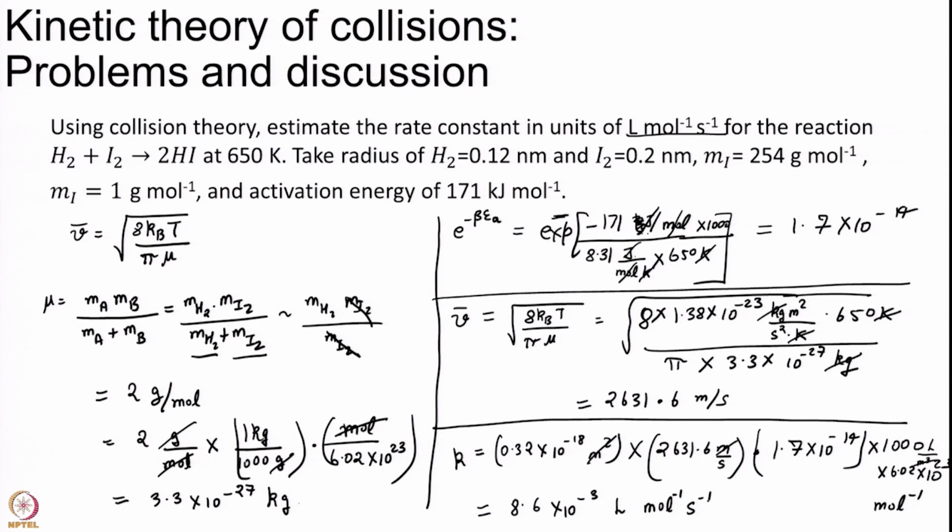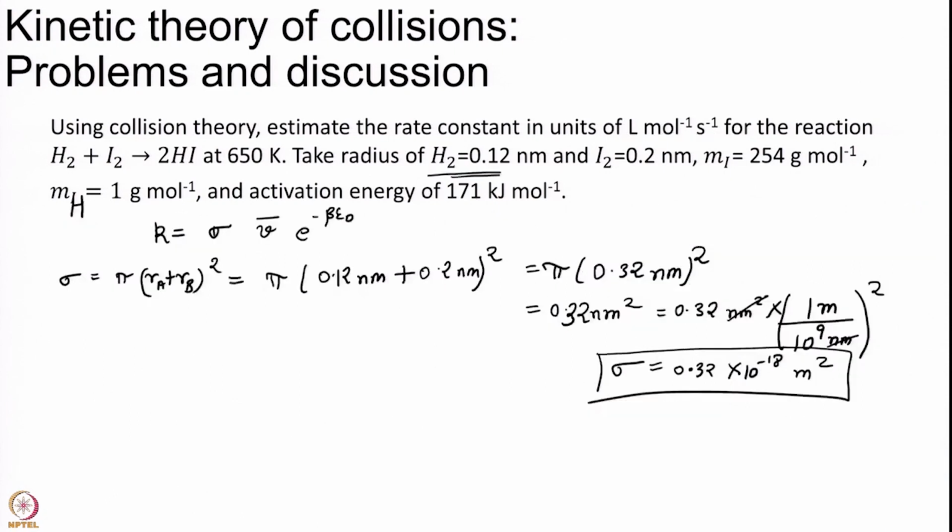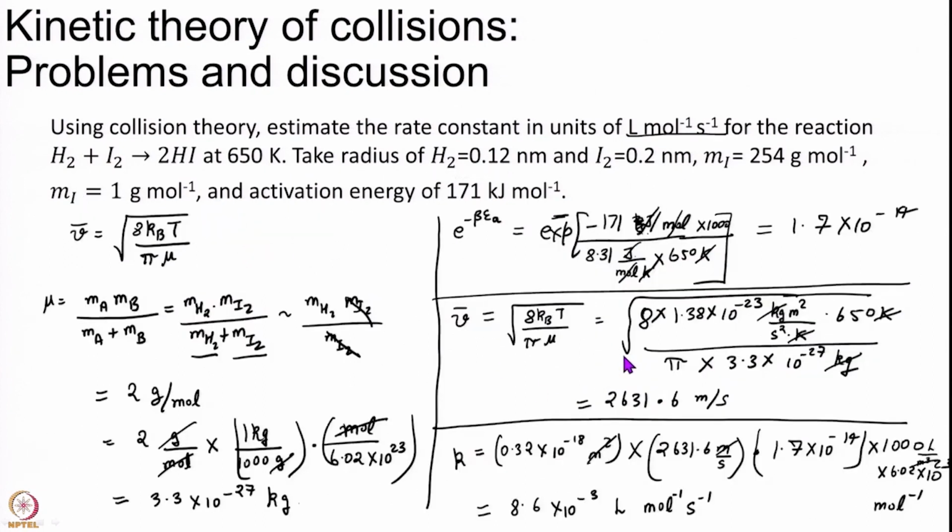Okay, so, at every step you have to be very careful, particularly of units. There is nothing very hard here. I took this formula, this one here, and I am calculating each number very carefully. I calculated sigma here. I calculated this average speed here. To calculate the average speed I needed mu, which I calculated here. I made a little approximation, you can make it more accurate and see if what I have said is right or not.